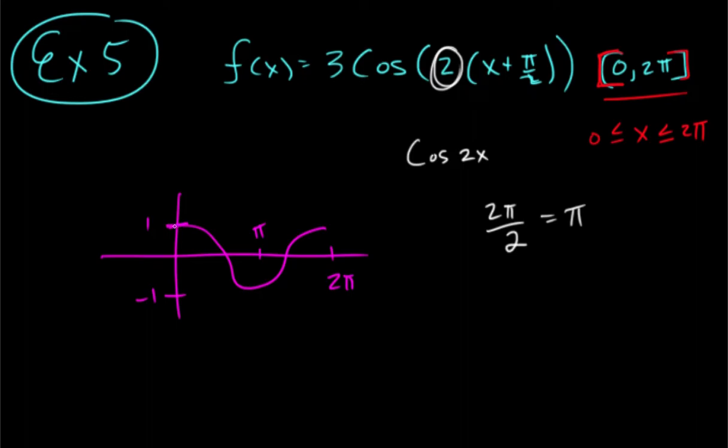And so we'll need to draw this function essentially 2 times. I have a hard time drawing this, but right here we want to draw an entire cosine function. It's going to look roughly like that.